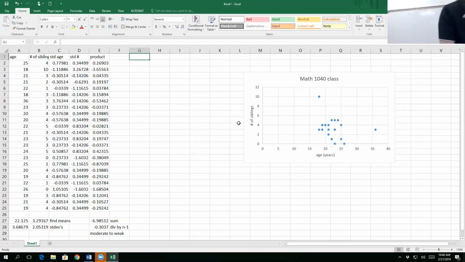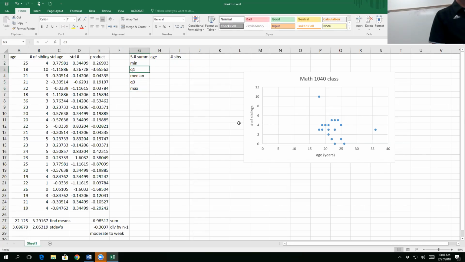The 5-number summary. Let's do the 5-number summary for the age and the number of siblings. Okay, so the 5-number summary consists of minimum, Q1, median, Q3, max.